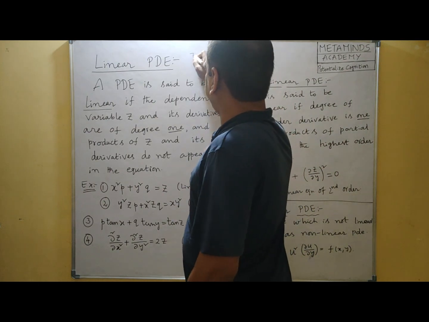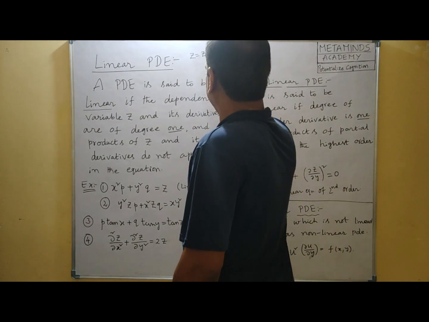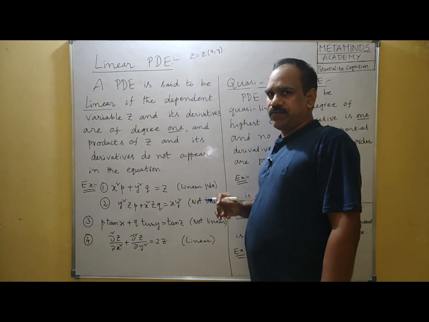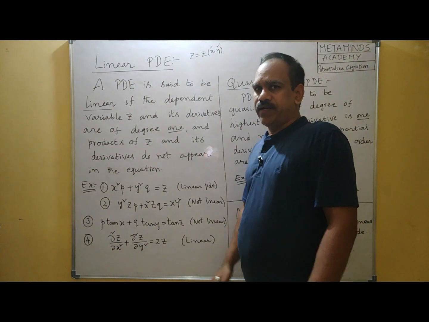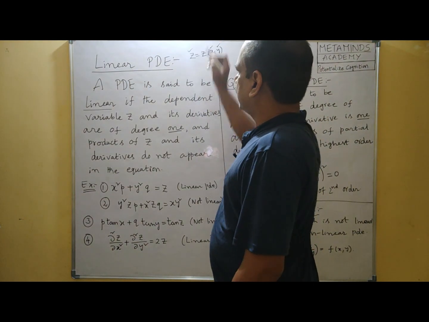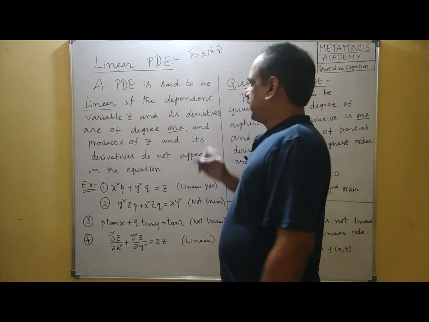So what is the dependent variable? See, z is a function of x and y. x and y are independent variables. z is the dependent variable, depending on both x and y.